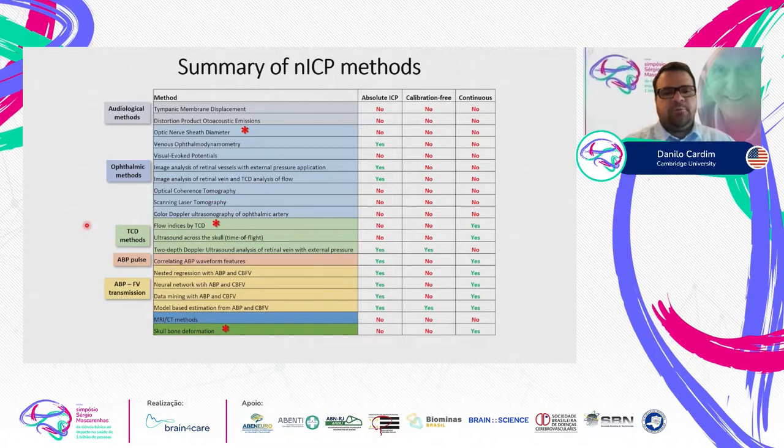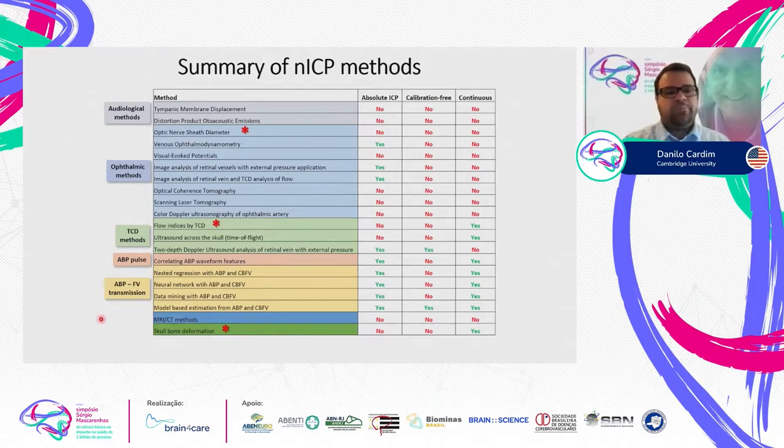My previous colleagues have already talked about some of these methods, but I'll stress it again here. These methods mostly rely on indices that are extracted from the cerebral blood flow velocity waveform obtained with transcranial Doppler ultrasonography. Other methods rely mostly on only the arterial blood pressure waveform, correlating different features of the arterial blood pressure waveform through mathematical modeling to intracranial pressure.